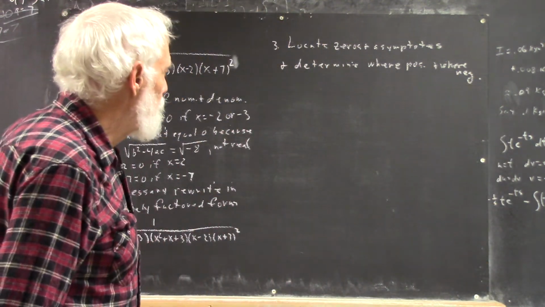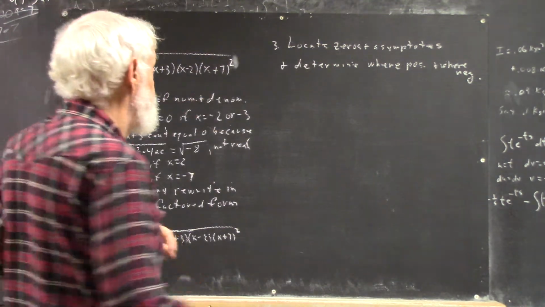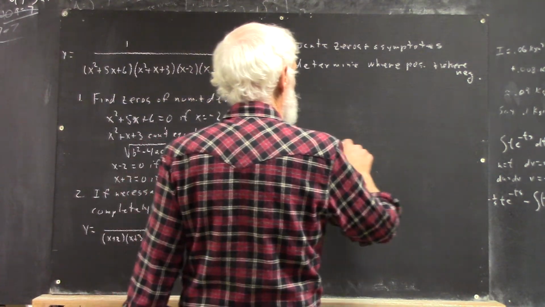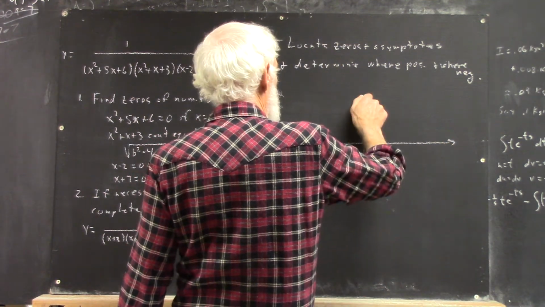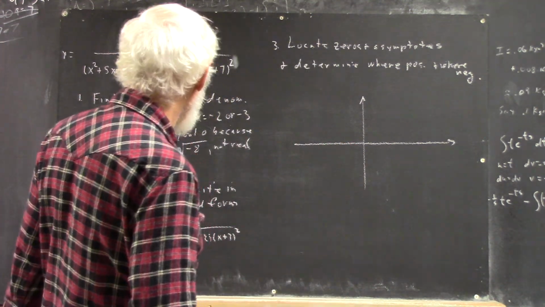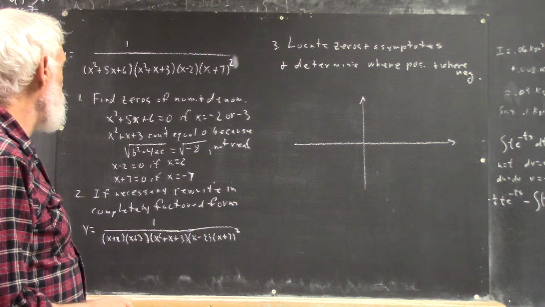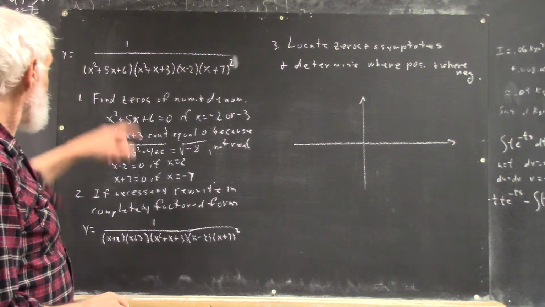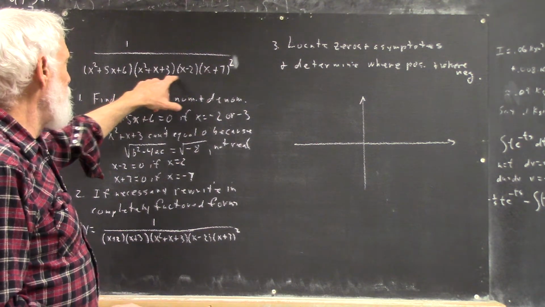Locate zeros and asymptotes, determine where the function is positive and where it's negative. So I'm going to put the y-axis here, and I haven't said locate the y-intercept. Of course, the y-intercept is going to be pretty close to 0, because when x equals 0, you got 6 times 3 is 18.